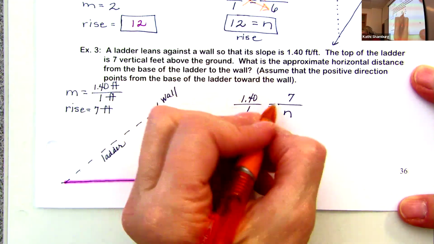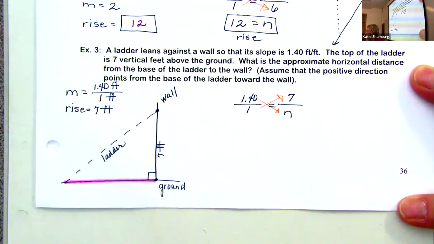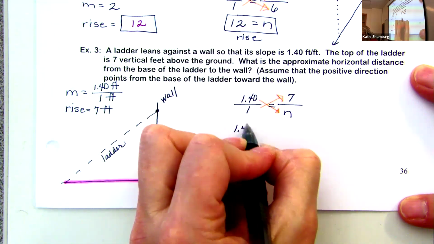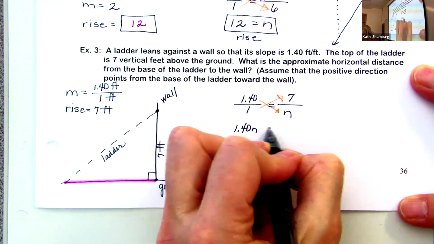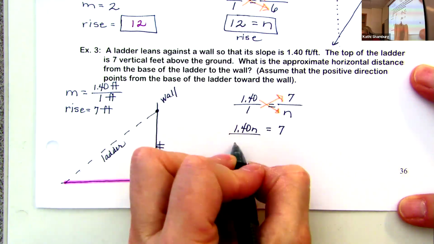And then we're going to cross multiply. So 1.40 times n is just 1.4 n or 1.40 n. 1 times 7 is 7. To undo that multiplication, we're going to divide.